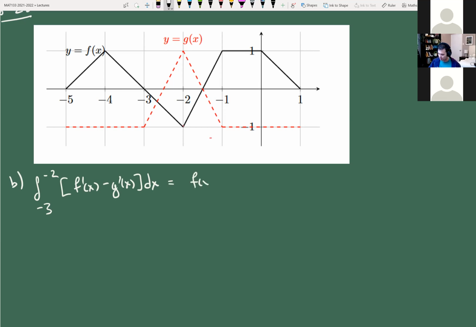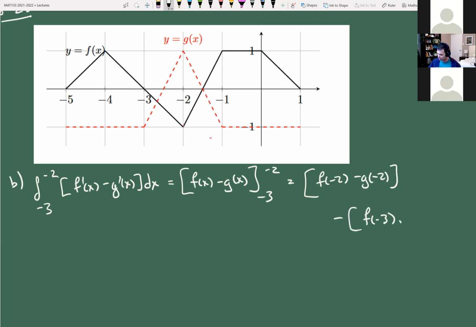And that's f of x minus g of x evaluated from -3 to -2, right? And we just plug everything in. We get f of -2 minus g of -2 minus f of -3 minus g of -3. And you can work out what these numbers are. So f of -2 is where? F of -2 is this number, and f of -3 is 0.